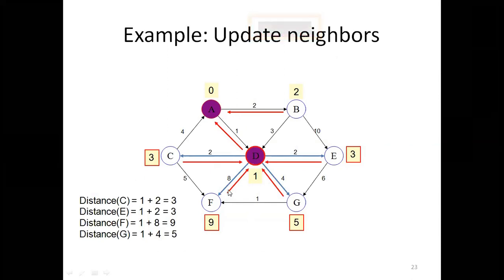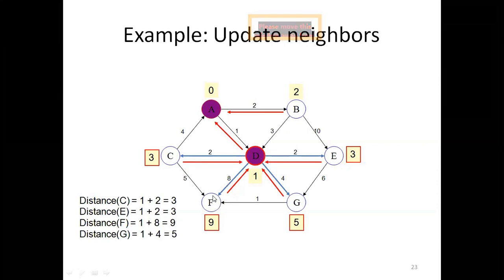Now check here. Distance of C, since from vertex A to C it is 1 plus 2, 3. From vertex A to E, 1 plus 2, the distance is 3. Now see distance of F: A to D is 1, 1 plus 8 is 9.